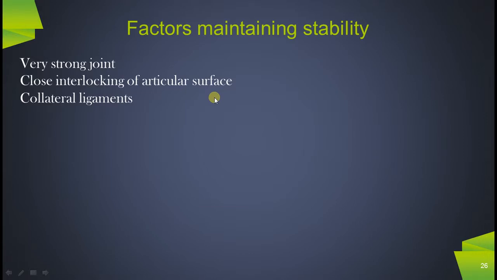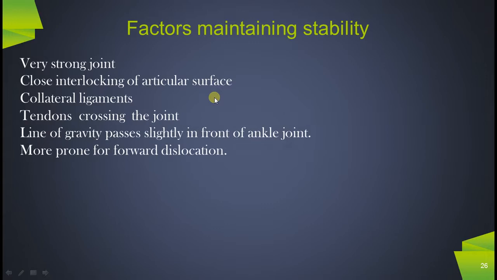So the interlocking is very firm, and you also have the ligaments, and numerous tendons are crossing the joint. So they act like a tie beam which is holding the joint on all sides. So this stability is maintained mainly by the tone of the muscles and the articulating surfaces.